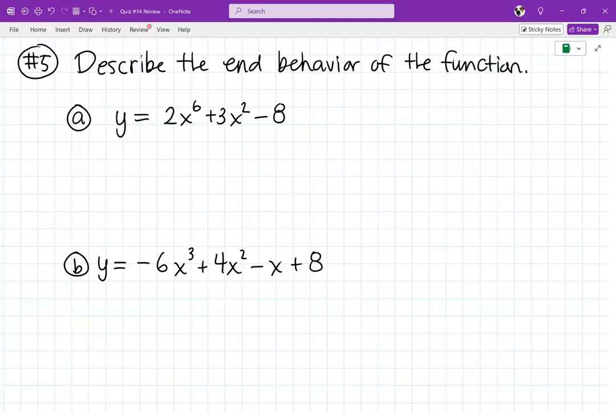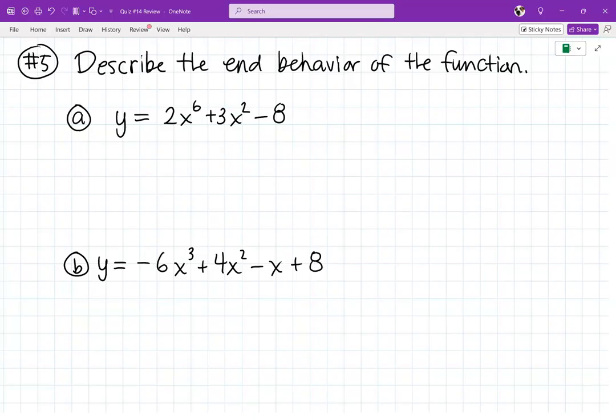So this one says describe the end behavior. Well, notice for part A, what's my degree? My degree is 6, right? That's even. So my highest power is even.